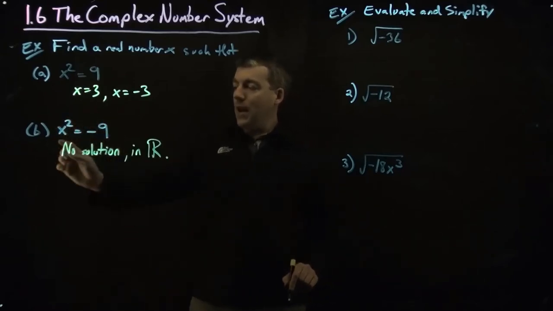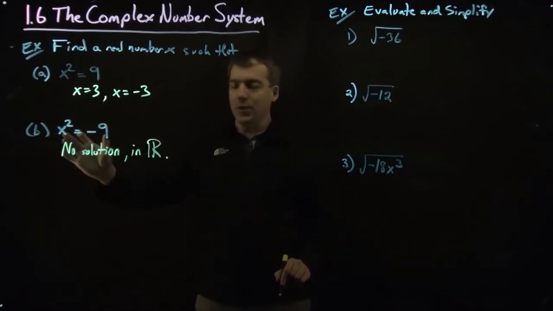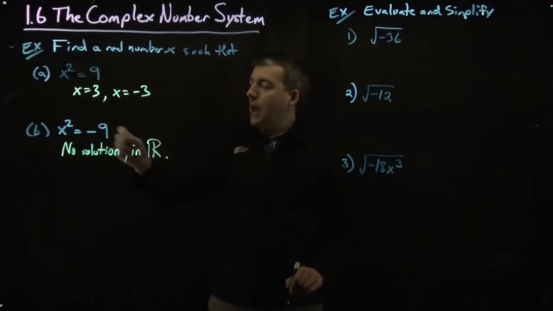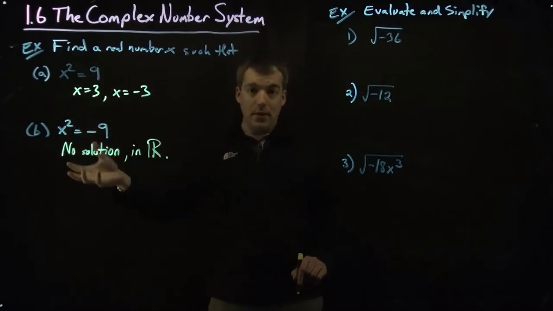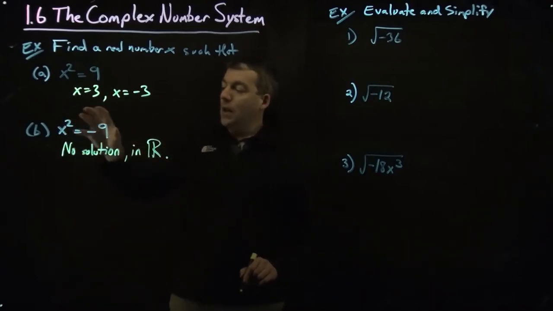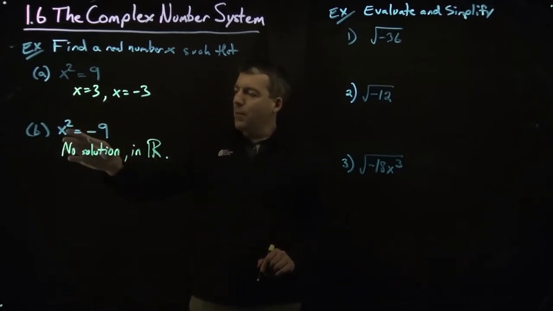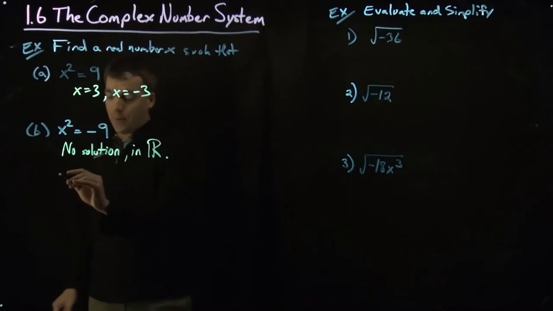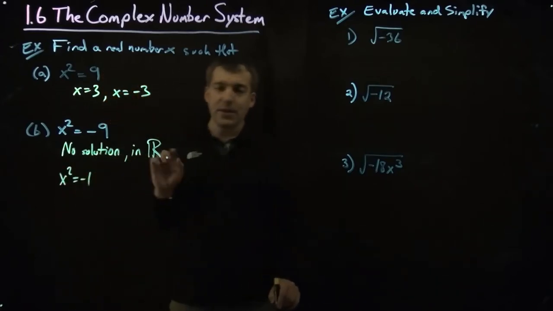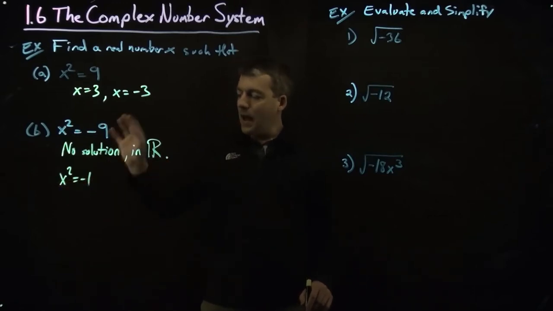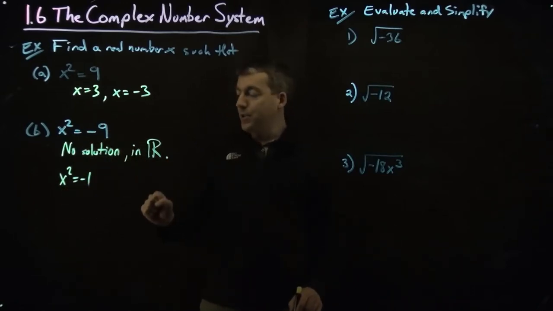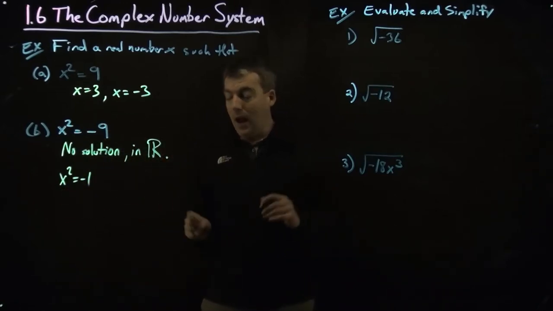Now, we would like to have a solution to an equation like this, and so we invent one. In particular, we break it down to the simplest equation of this type, where x squared equals negative 1. And we say, okay, let's create something that satisfies this equation, and we call that thing i.